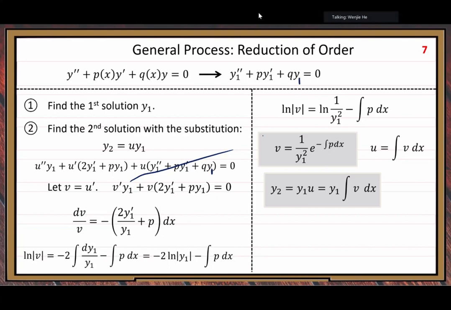The reason why we can remove the absolute value without any constant included is this: what is our goal? Our goal is to find a y2 special solution. Remember, y2 is a special solution.